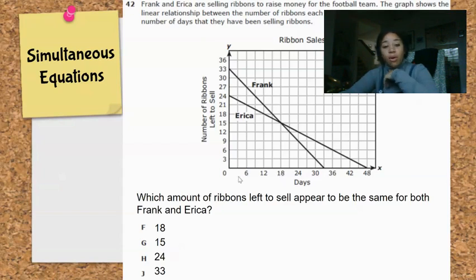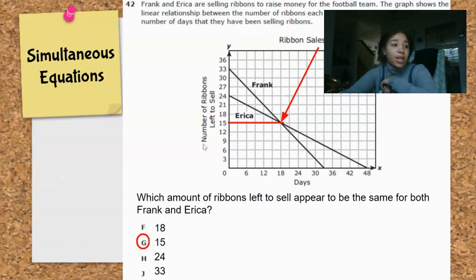When they're the same for both, that's going to be where the lines intersect or cross. We need to figure out where they cross. And they cross right here. So that means in 18 days, they would have 15 ribbons left to sell. So 15 would be our answer.